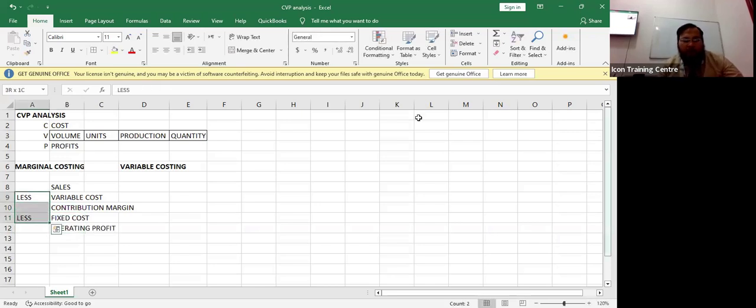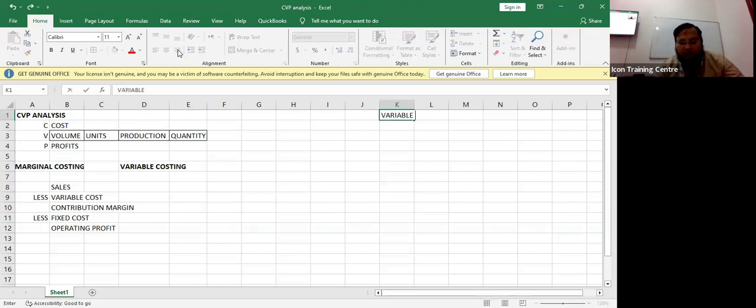Now you guys may be wondering what is fixed cost and what is variable cost. This is a new concept for you. Variable means it is changing, not constant. And fixed means fixed, it is not changing. So in any business setup, we have two types of cost. One we call variable cost, and the other one we call fixed cost, right?